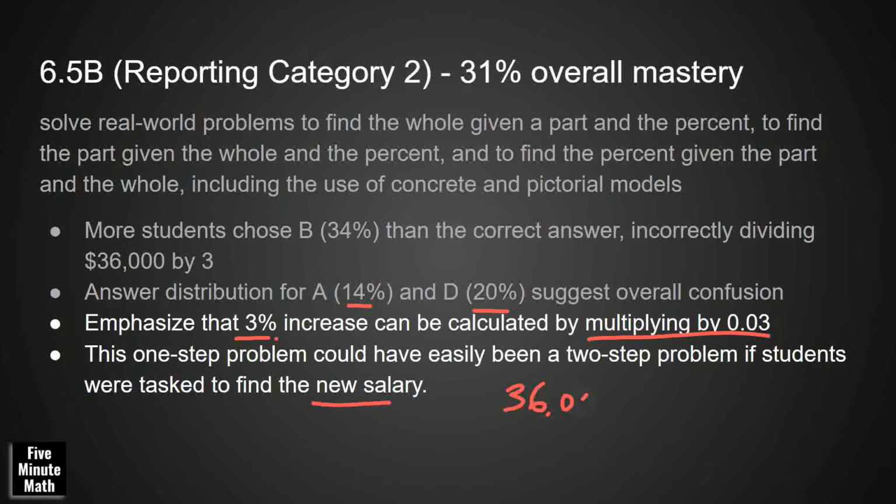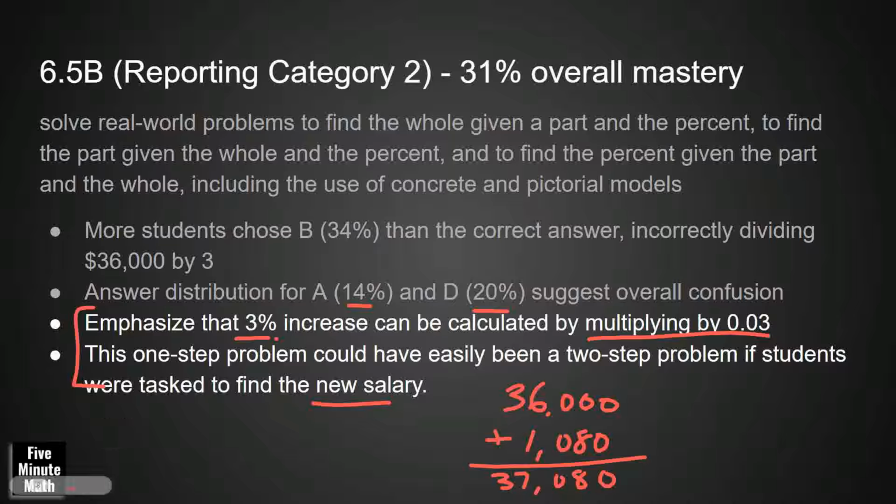And then they would have had to add the 36,000 to the increase, right? And then they could have done this as our new answer. So this easily could have been more difficult, but this was already the third most challenging readiness standard on the test. So our students need a little bit more practice with the percent of something, knowing that means you're multiplying by a decimal.